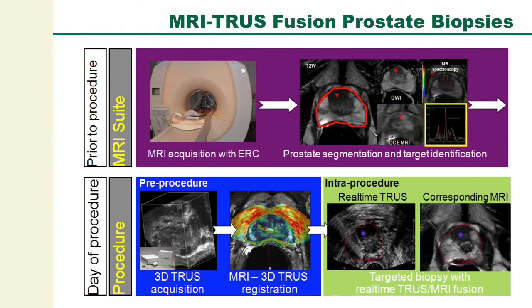The reality, though, is behind the scenes we're using this technology, this software that we're part of developing, to be able to fuse that MRI image with the ultrasound image we create and get a real-time target so that we can accurately target those areas of concern on the biopsy for those patients.